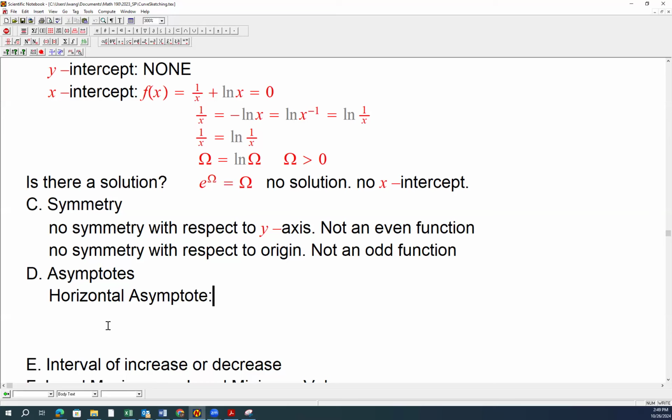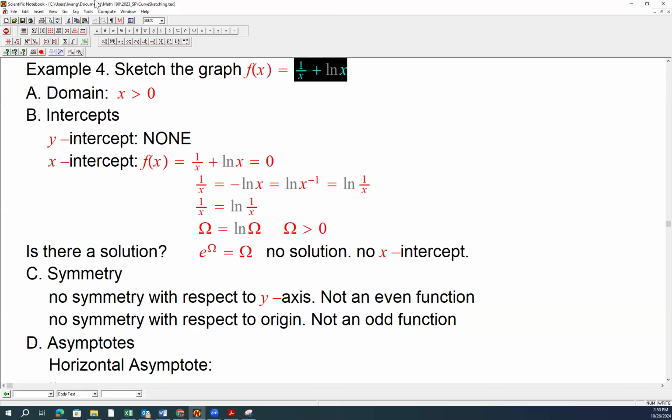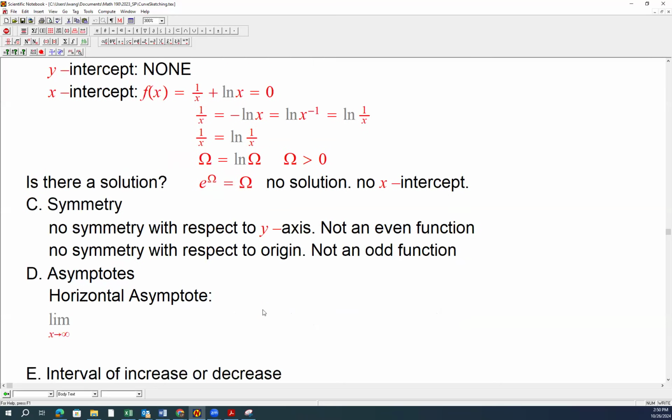Normally we observe the vertical asymptote first, but since we started with horizontal, we just do horizontal anyway. So we're going to observe this limit when x approaches positive infinity.